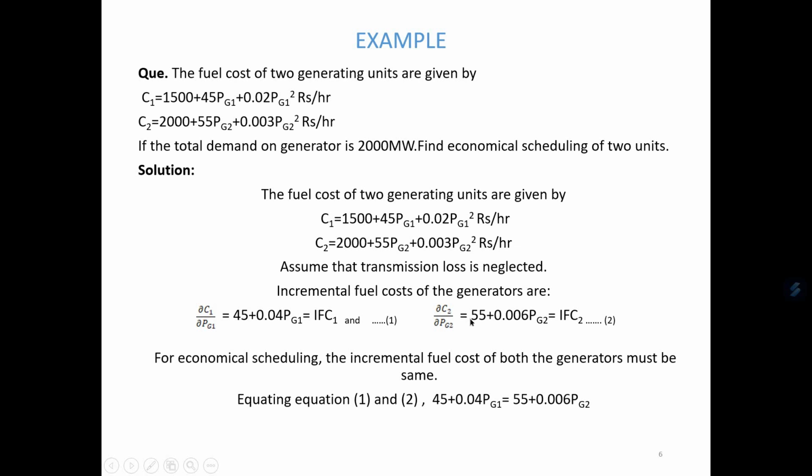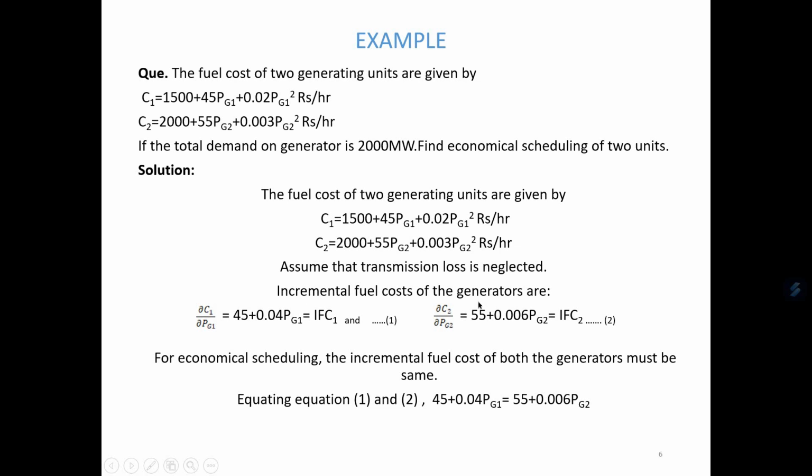Now we'll calculate the incremental fuel cost of the generators. We know that incremental fuel cost is nothing but the derivative of the fuel cost equation with respect to the power generated by the generator. So IFC1, the incremental fuel cost of generator 1, is dC1/dPg1 = 45 + 0.04 Pg1, taking the derivative of fuel cost equation C1 with respect to Pg1, where the constant term becomes 0.